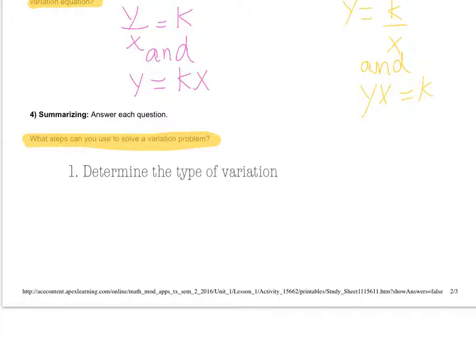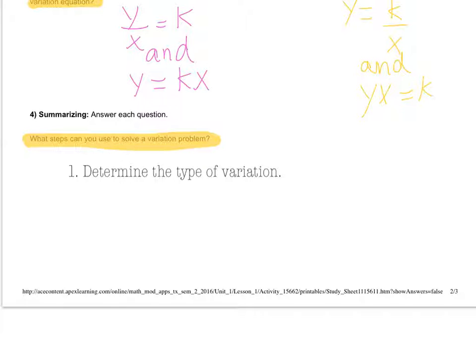So the first thing that you have to do is determine the type of variation. So that's step 1. Determine the type of variation.